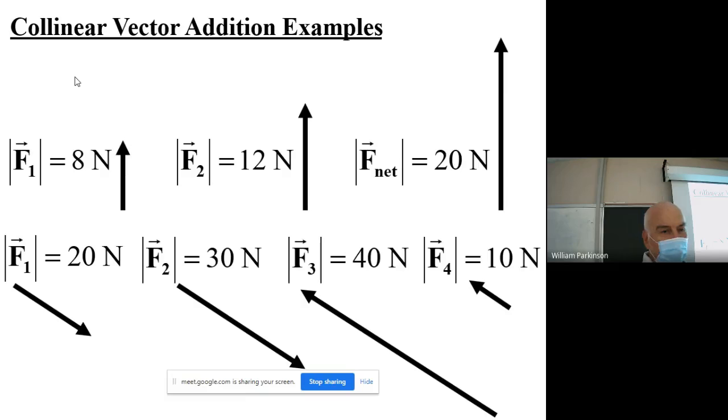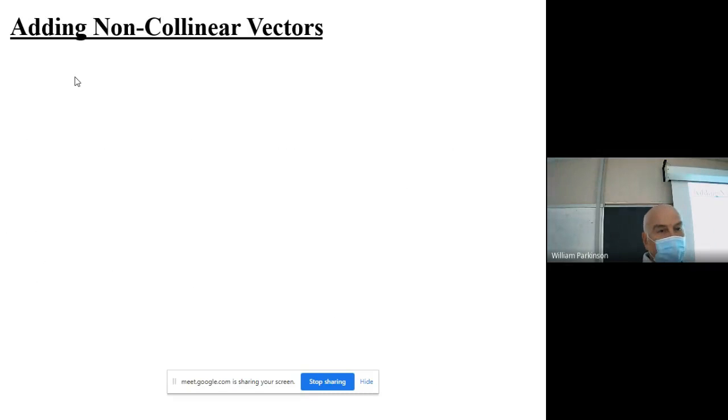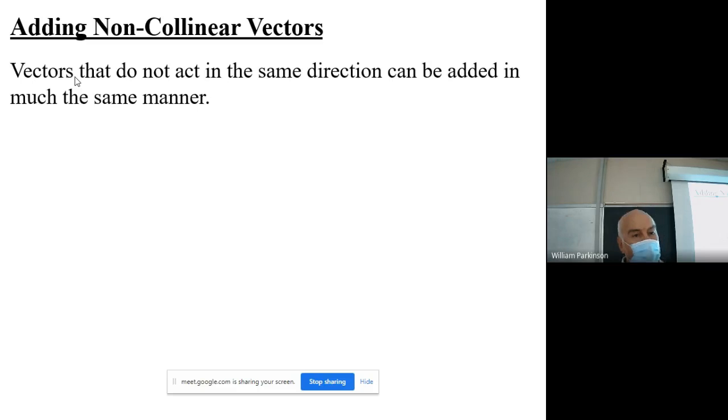Oh, that's great, Bill. Okay, so let's look at what happens and what we can do when they're non-collinear, meaning they're not pointing in the same direction. Like what happens when you're driving your car down the road and the wind is striking the side of your car. Now, let me back that up a minute.